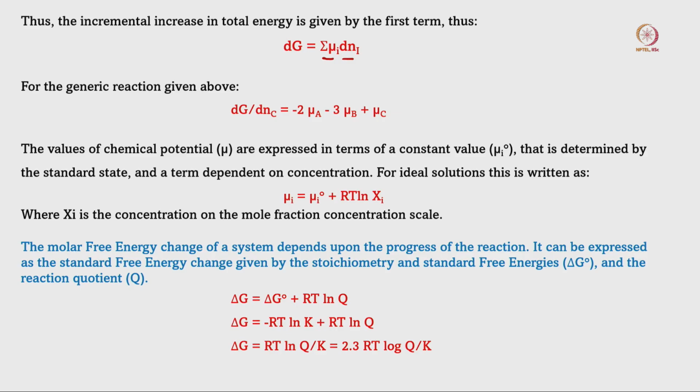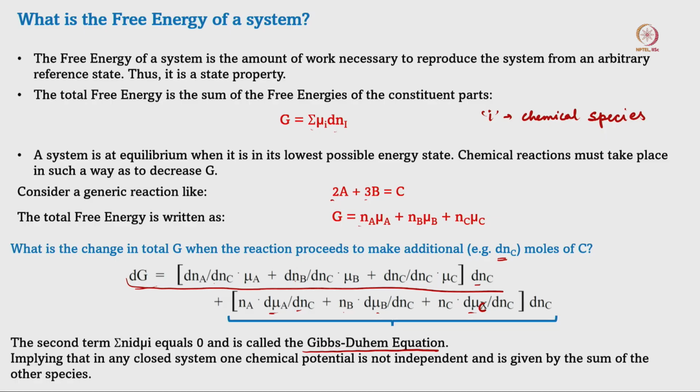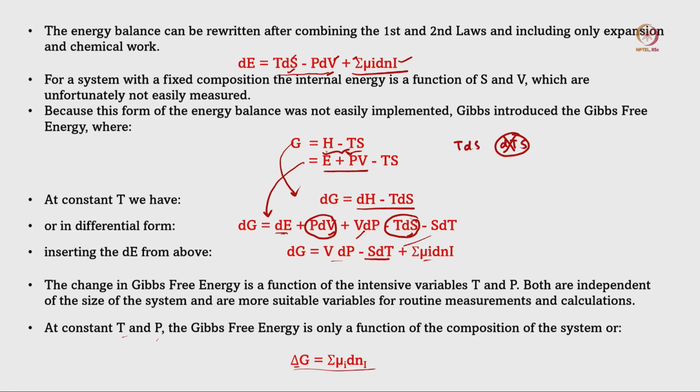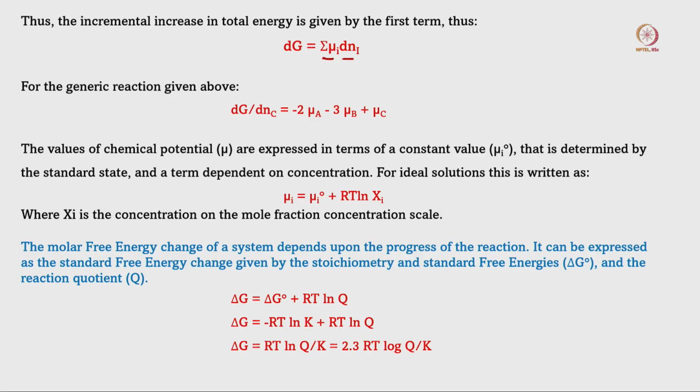For the generic reaction given above, 2A plus 3B equal to C, how do we write this? dG divided by dNc, that is the change with the chemical composition of C, is equal to minus 2 mu A minus 3 mu B plus mu C. As you can see, because it is a summation, all the reactant terms will be negative and the product term will be positive, and whatever is the molar coefficient, you multiply by that.